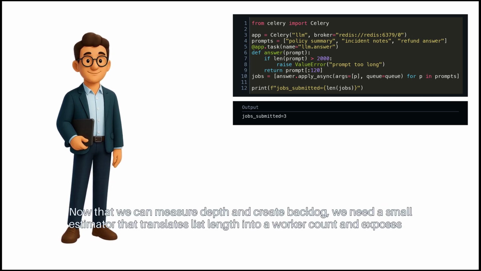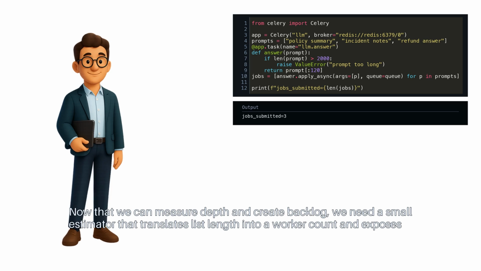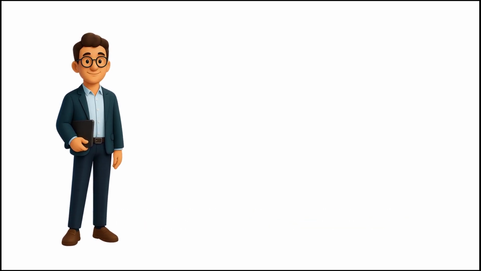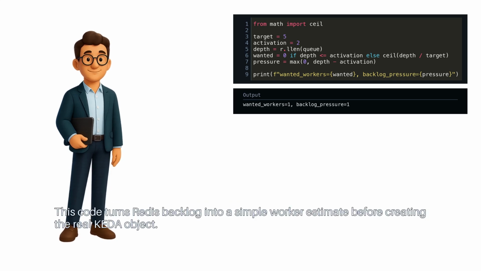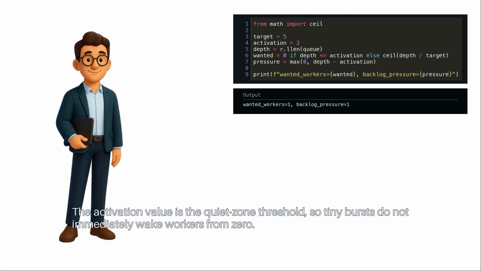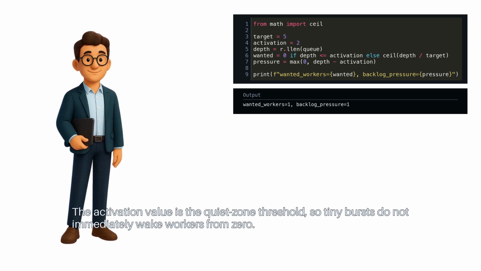Now that we can measure depth and create backlog, we need a small estimator that translates list length into a worker count and exposes activation behavior. This code turns Redis backlog into a simple worker estimate before creating the real KEDA object. The activation value is the quiet zone threshold, so tiny bursts do not immediately wake workers from zero.